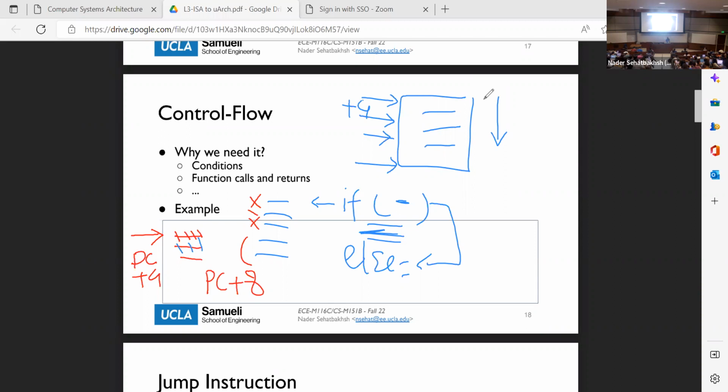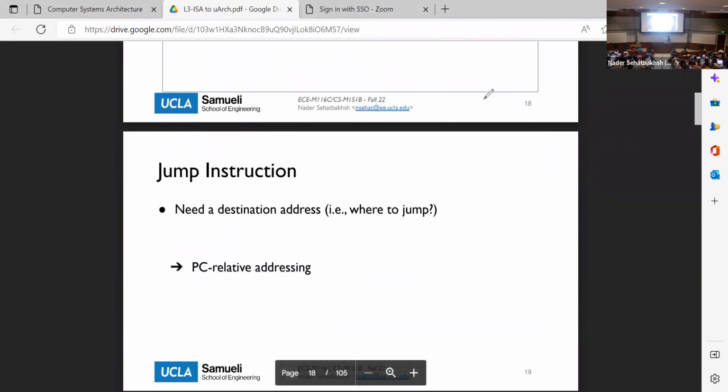Cool. So let's see what those are. The first one, which you probably already know, is the jump instruction. And the biggest question about the jump instruction is jumping to where, right? We need what's called a destination. And the way that we address this is we call it PC relative, okay? So what does that mean? It means that we always assume that our base is the PC.